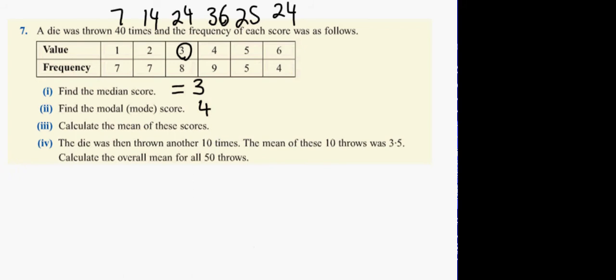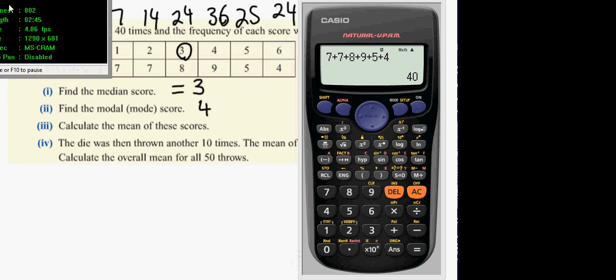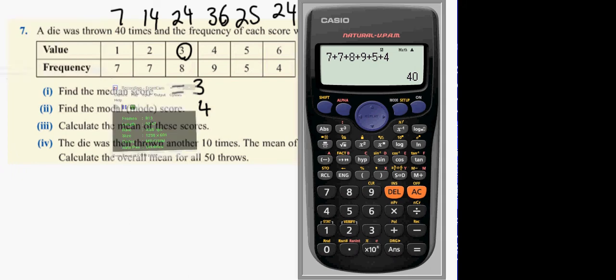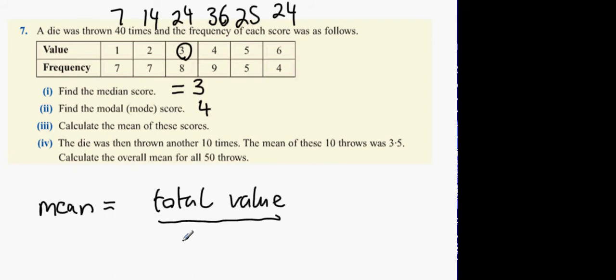Calculate the mean of these scores. Now, if everybody can just take out your calculator for a second, this will make this very easy. The first way is manually doing it without the calculator. The mean means the average, the total value divided by the number of tests or the number of throws, okay?